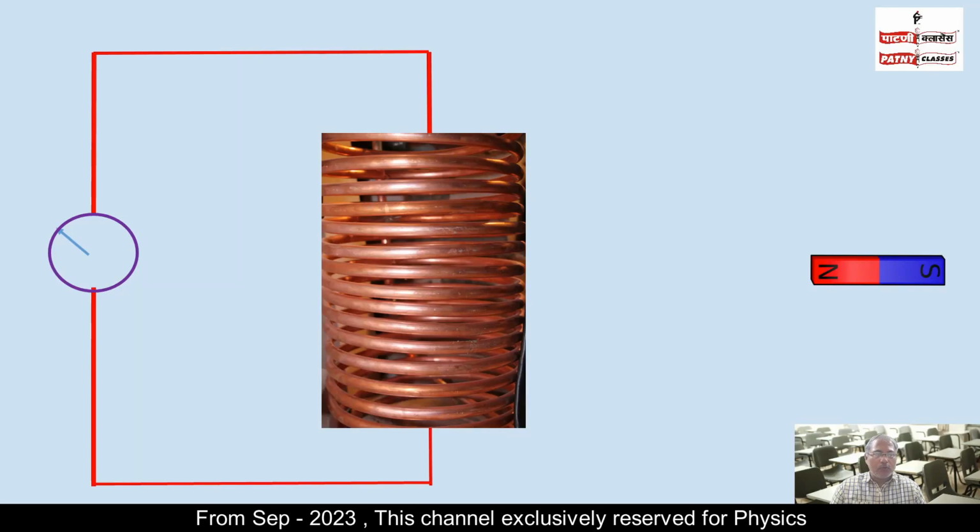Now suppose we keep the magnet outside the coil and move it from one position to another. Suppose we bring the bar magnet towards the coil. Then also deflection is seen in the galvanometer. And if the magnet is moved away from the coil, the deflection in the galvanometer is also reversed.